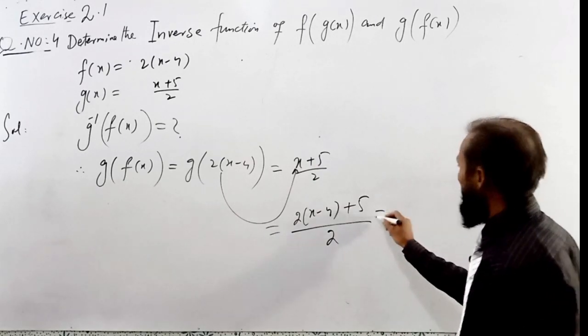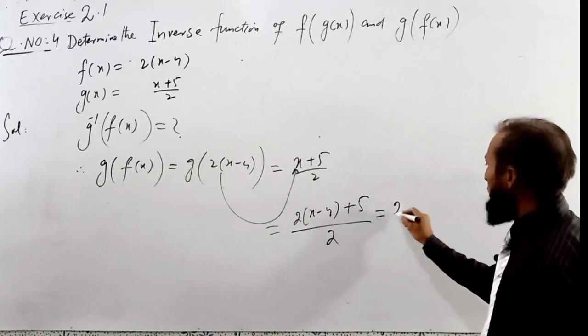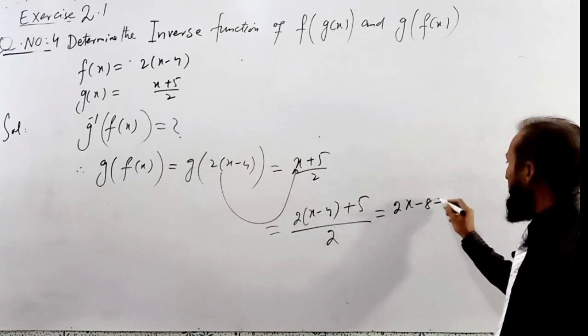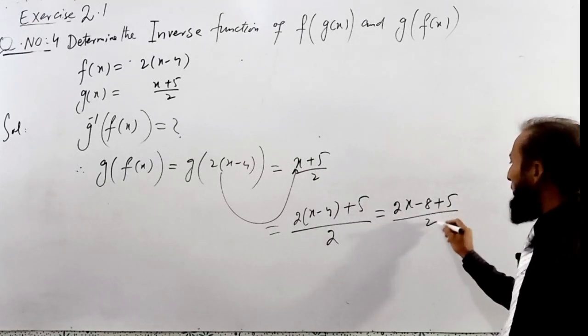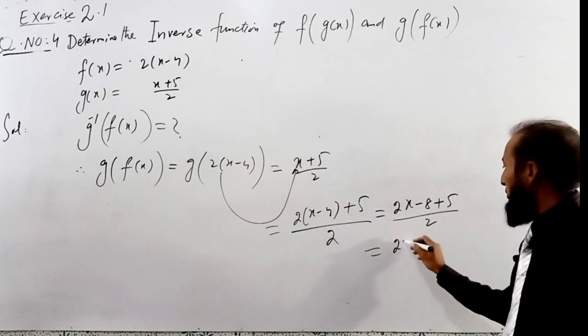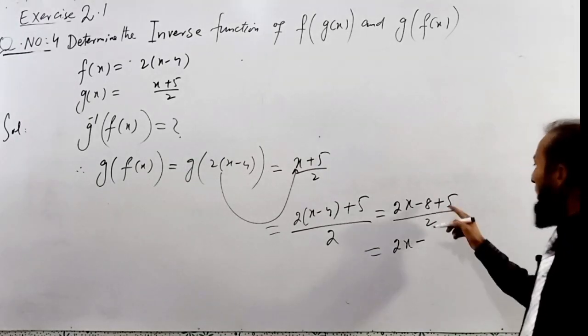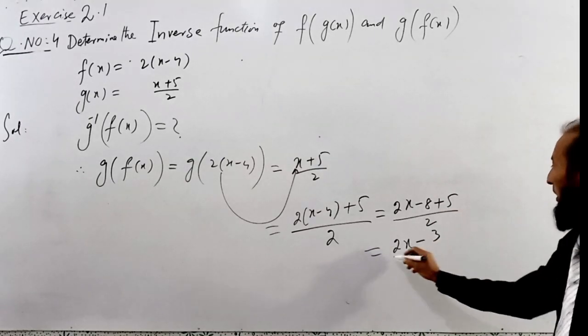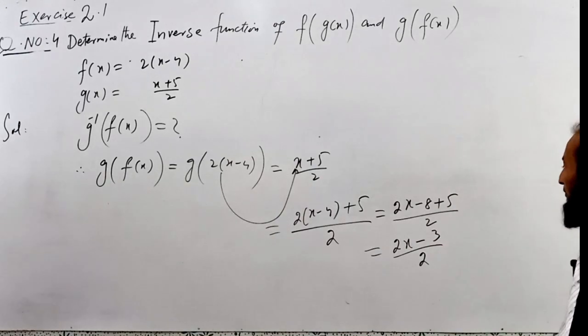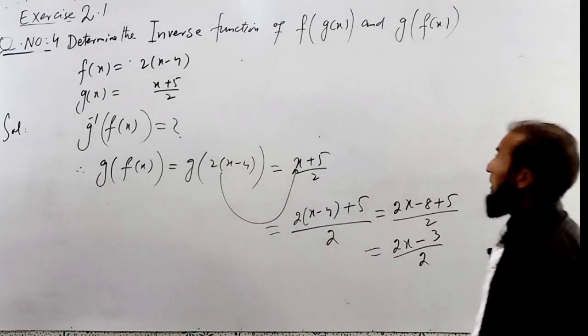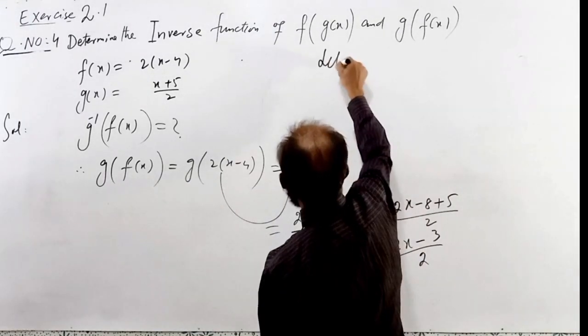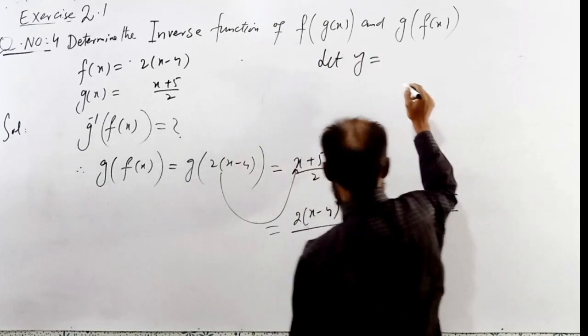Now we simplify this term. So we can write 2x minus 8 plus 5 divided by 2. Further we simplify 2x minus 8 plus 5, we get minus 3, divided by 2. Now suppose we let y be any function.